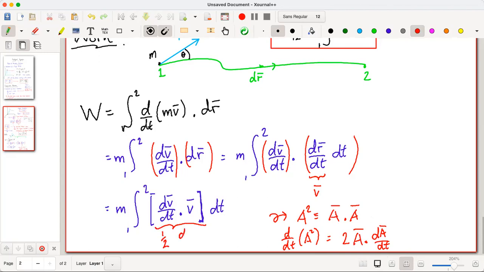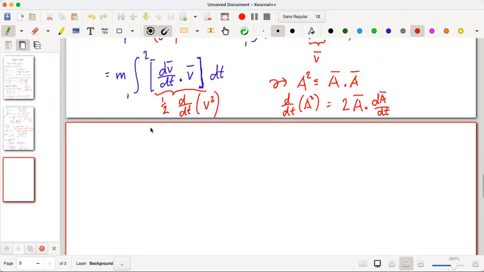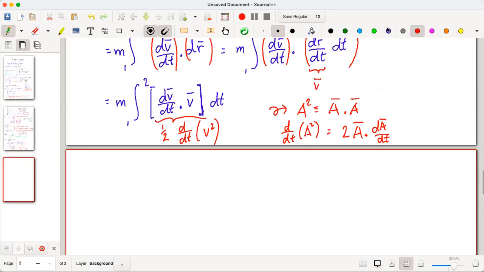And here, I'm writing that this is just d/dt of v squared, where v squared is just v dot v. Okay, v squared is just v dot v. So now I can write down like this: 1/2 times the integral of d/dt of v squared dt.